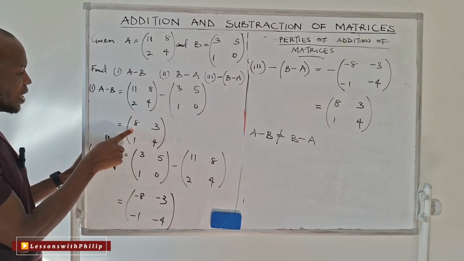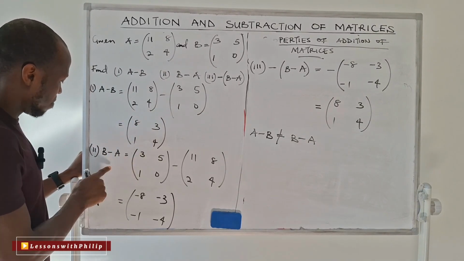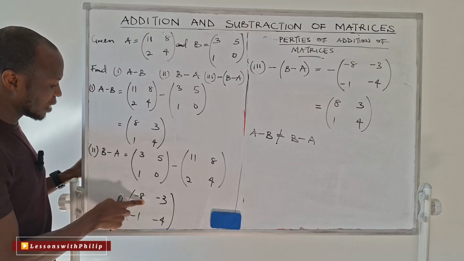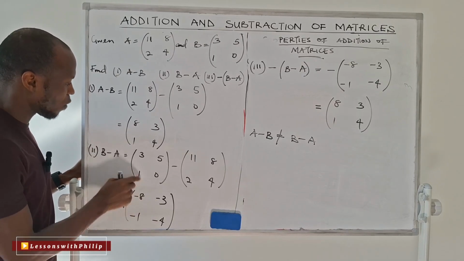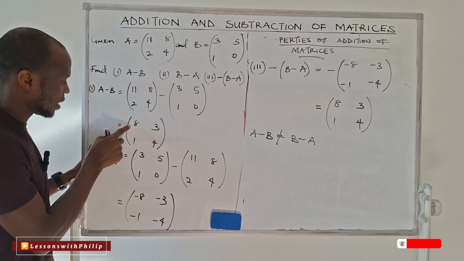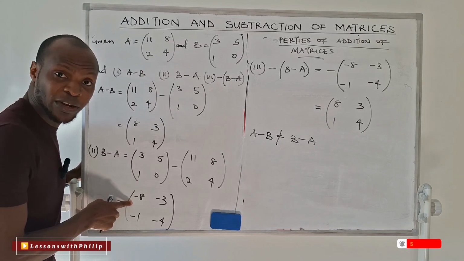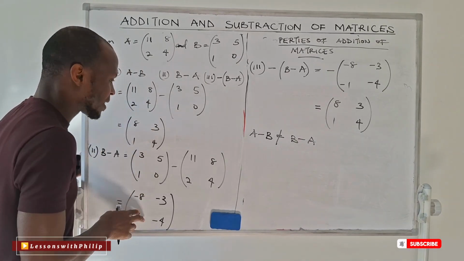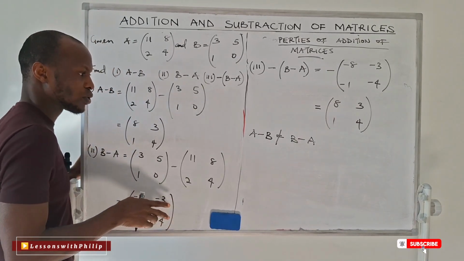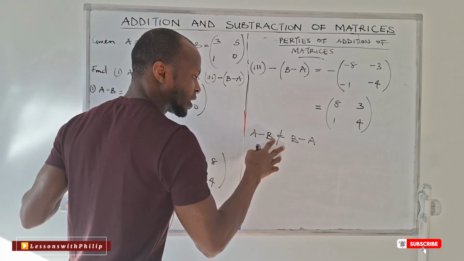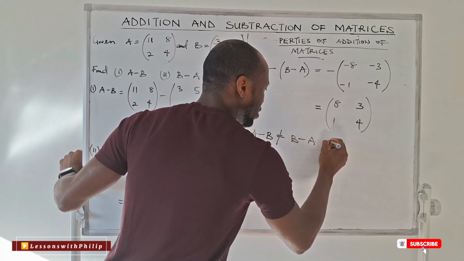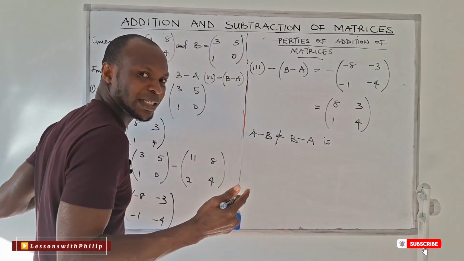My A minus B is 8, 3, 1, 4. My B minus A is minus 8, minus 3, minus 1, minus 4. You see, they're not the same. 8 and minus 8 are not the same. So these two matrices are not equal. That shows that subtraction of matrices is not commutative.